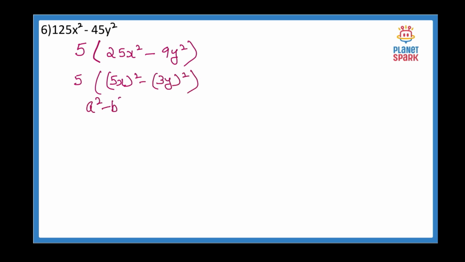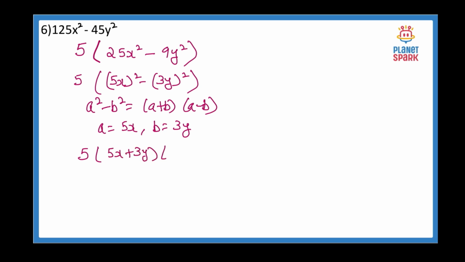Again, using the identity a square minus b square is equal to a plus b, a minus b, in place of a we will take 5x, in place of b we will take 3y. My answer would be 5, outside the bracket, as it is, and inside the bracket it will become 5x plus 3y and 5x minus 3y.